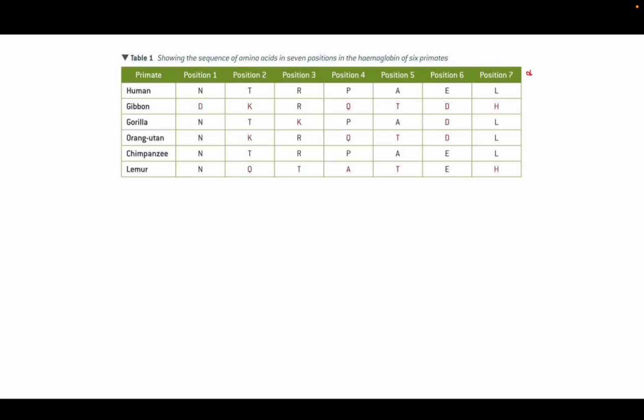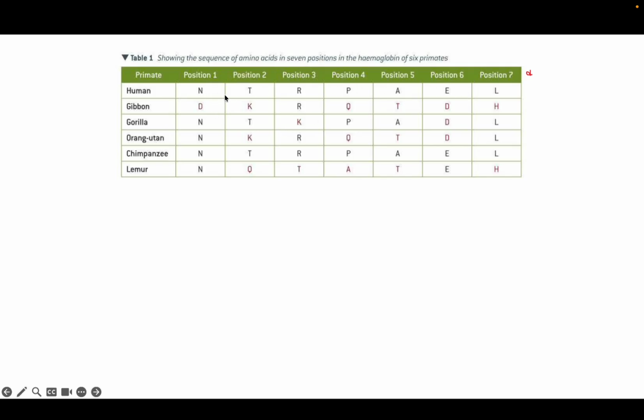So here's an example from the textbook, just to illustrate how, if you were to get this in an exam, you can find out which species are more closely related. So we have a human, gibbon, gorilla, orangutan, chimpanzee, and lemur, and then the different amino acids, so each represented by a letter.